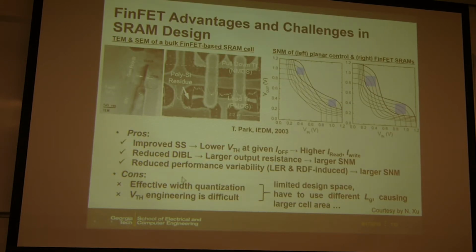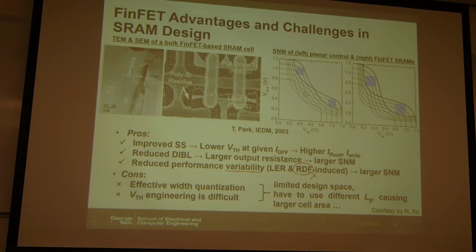Because of this, you don't have the RDF, random dopant fluctuation, in the channel, so you get reduced variability. This is one advantage. And also, of course, you improve the SS and reduce the DIBL. Those are the short channel effects. Of course, with the FinFET, better electrostatic control, then you improve that.